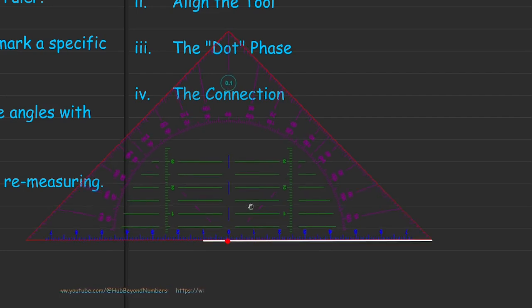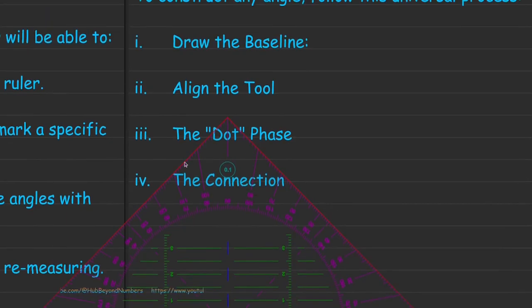And you also make sure that the origin or the center mark is also on the point you have made on the line.